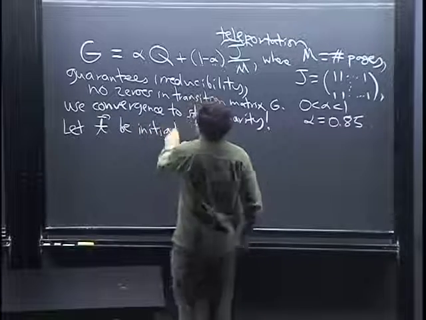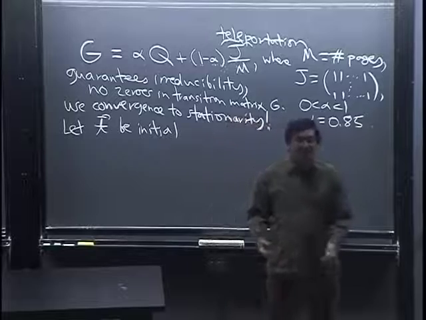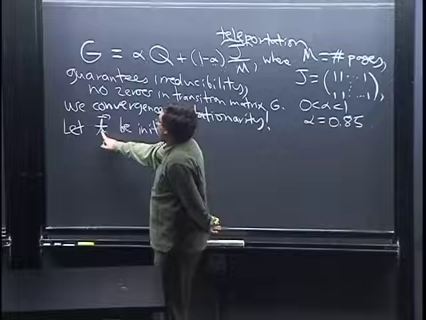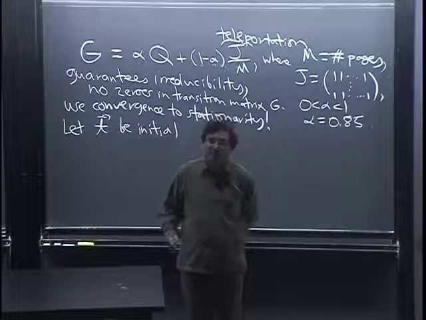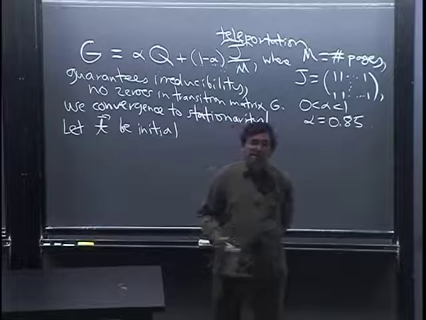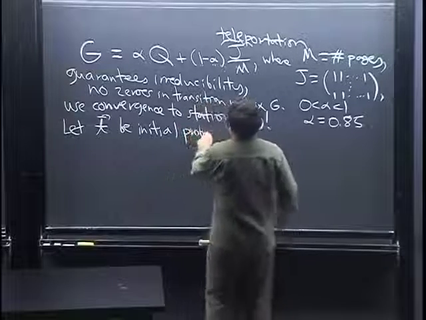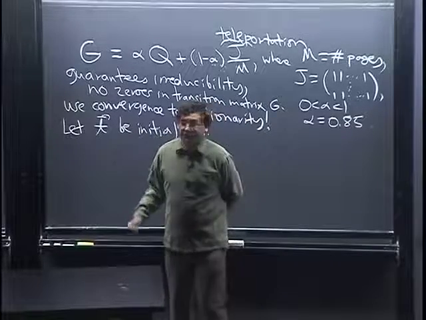If you want, t could just be 1 and then all zeros. That just says always start out at page 1. Or let t be 1 over m all the way through, that is, start at a random page. We need some starting distribution to start out the chain. So that's the initial; in other words, this is the PMF at time 0 written as a row vector.